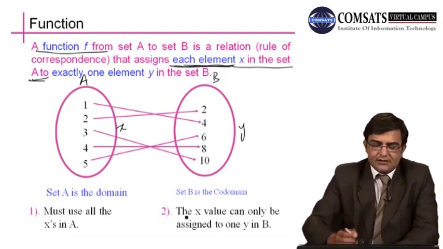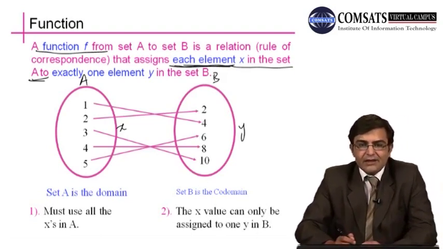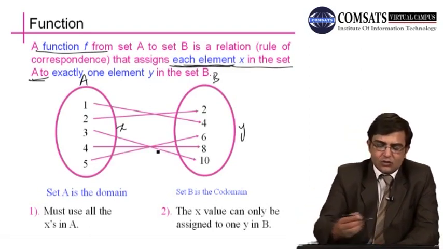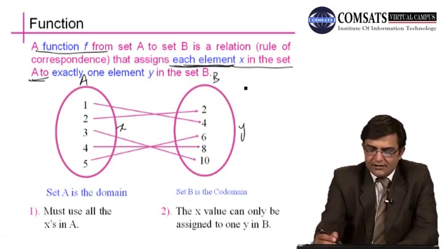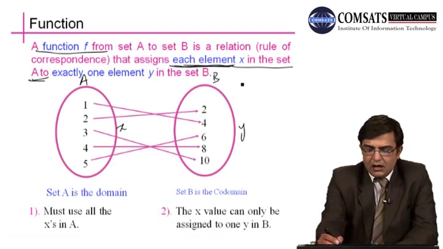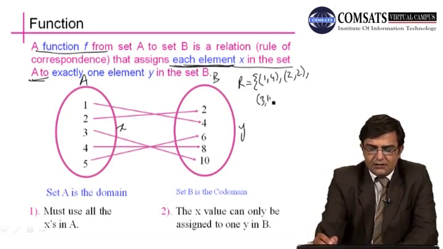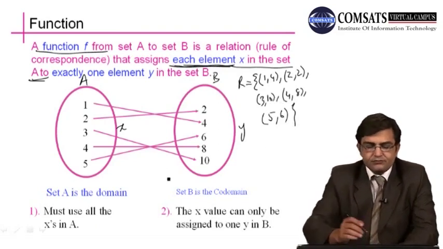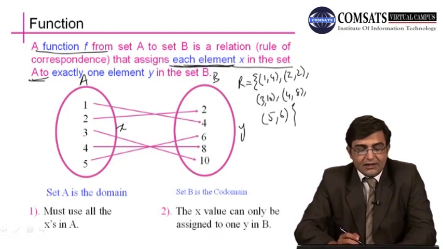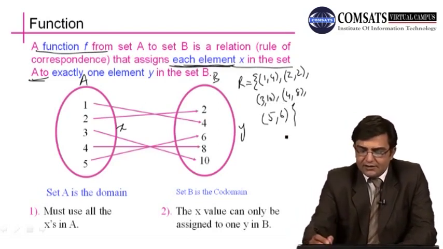This is a subset of the Cartesian product of A and B. The relation R contains (1, 4), (2, 2), (3, 10), (4, 8), (5, 6). So this is the relation which shows the relationship between the elements of A and B. Now this relation R is a subset of A cross B.